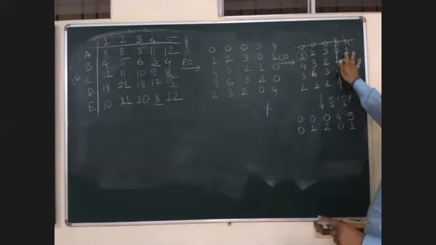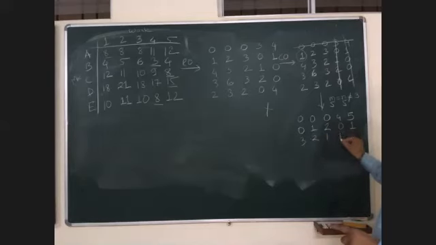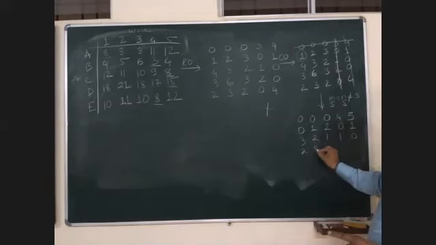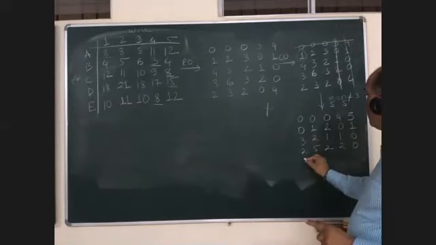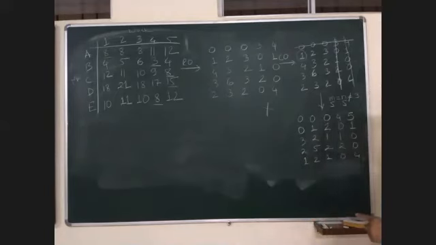This is not at the crossing, so you are not going to add anything here. Now this will be 3, 2, 1, 1, 0. This will be 2, 5, 2, 2, 0. This 1, 2, 1, 0, 4.